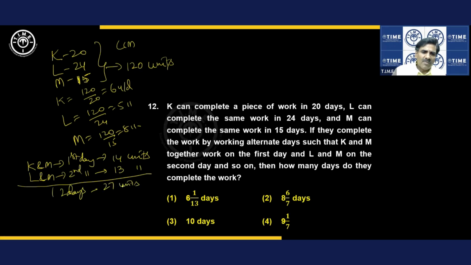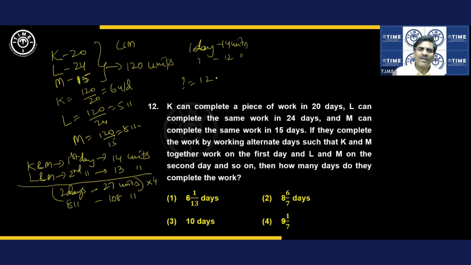And what is the nearest multiple of 27 less than the total work that we have assumed, 120? 27 fours is 108. So 8 days they will complete 108 units. On the 9th day, if K and M work, they will complete 14 units. But what is to be completed is only 12 units. Now to complete 12 units, they don't require the entire day.